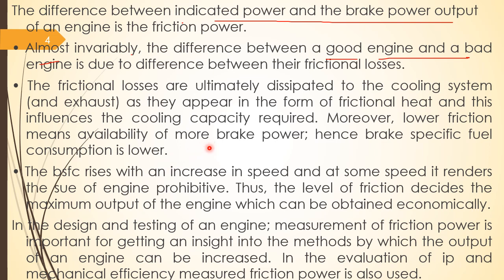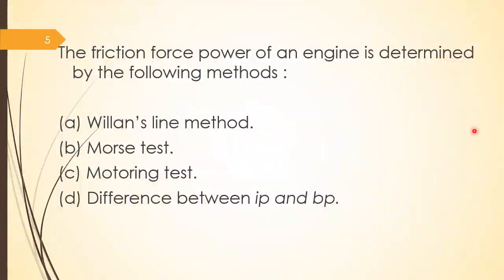BSFC is the amount of fuel consumed in kilograms per hour to produce unit brake power, and brake power means the power available at the engine shaft. So it is always desirable that the friction loss should be minimum. If the friction losses are minimum, it means the engine is good.